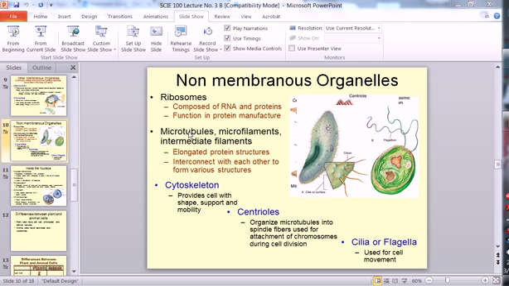Moving next, we have microtubules, microfilaments, and intermediate filaments. These are all protein filaments, and they make the skeleton of the cell. The way we have a skeleton made up of bones and muscles, similarly every cell has a skeleton, and that's called the cytoskeleton, and it is made of microtubules, microfilaments, and intermediate filaments.